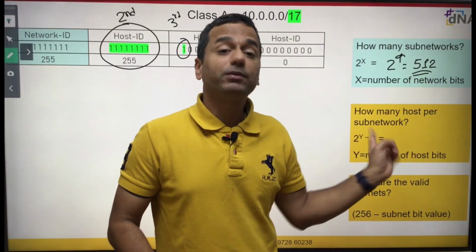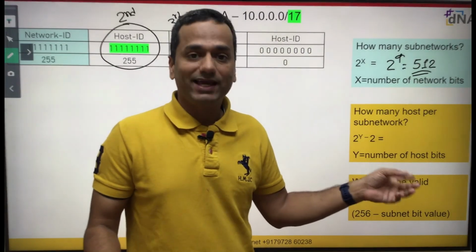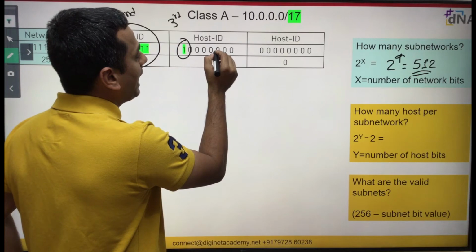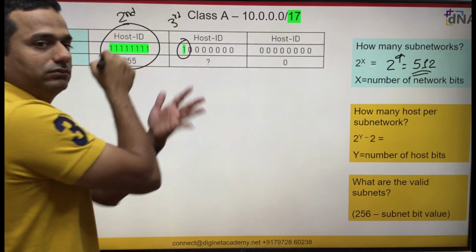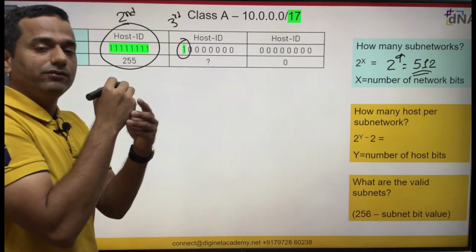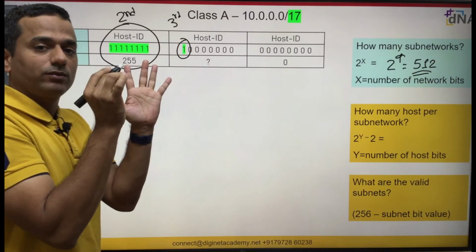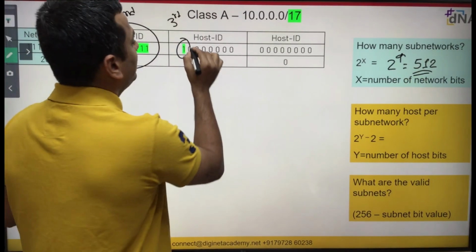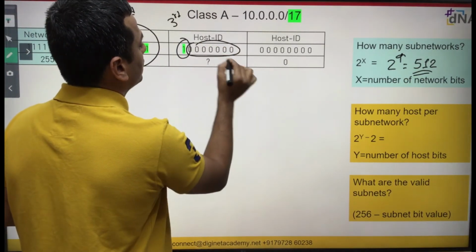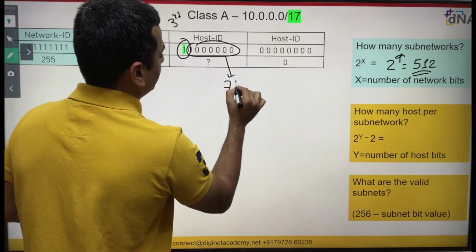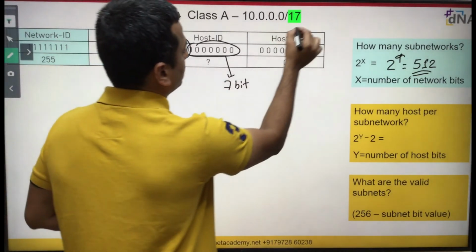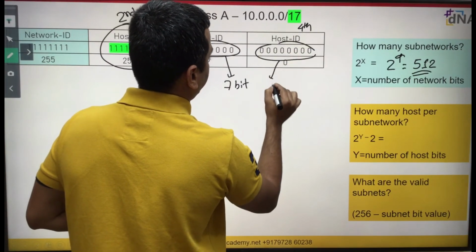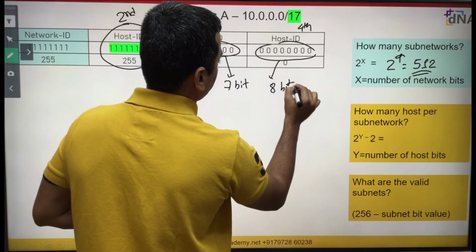Then how many hosts per subnetwork? 2 raised to power y, where y means the number of host bits. We have borrowed all the 8 bits from the second octet and 1 bit from the third octet, but we still have the remaining 7 bits for hosts, from the third octet, and 8 bits from the fourth octet.